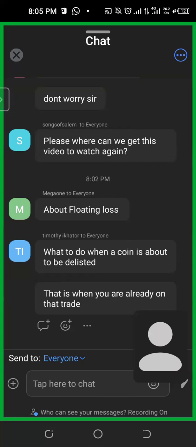Thank you, sir. What I mean is that you're already on that trade, on that coin. You are trading that coin, and suddenly Binance releases information that that very coin is about to be delisted. And you don't want to sell manually as a result of a high floating loss.